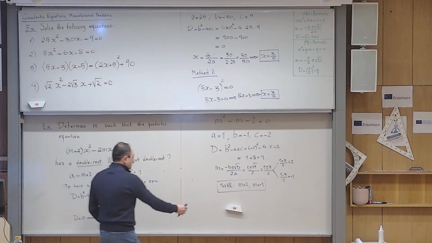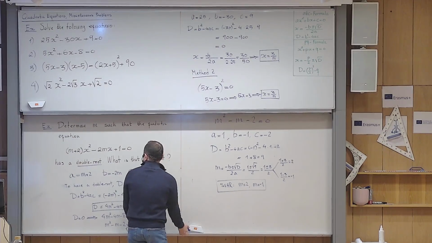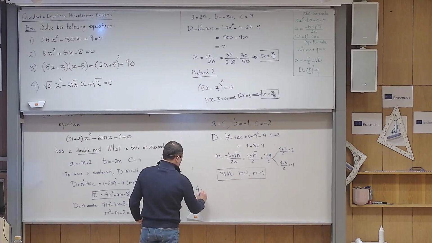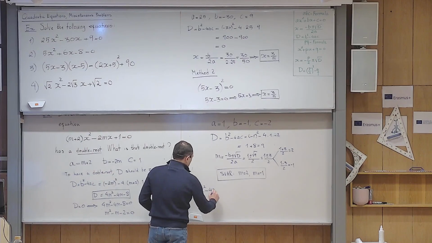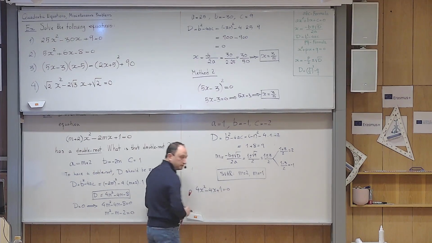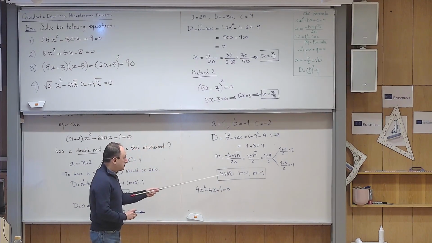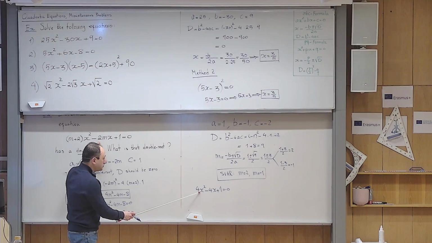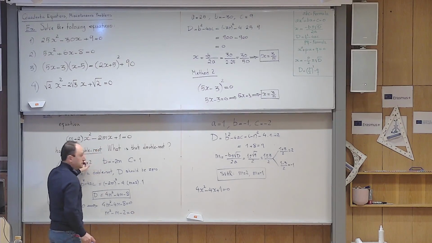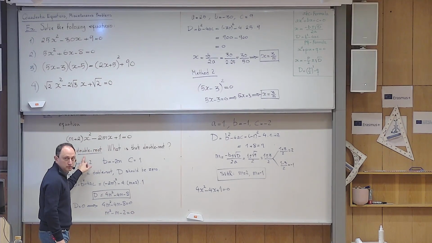You get 4x squared minus 4x plus 1 equals 0. If I haven't done anything wrong, this means that when I put m equals 2 here, I generate this quadratic equation. But if I solve this quadratic equation, it has a double root.